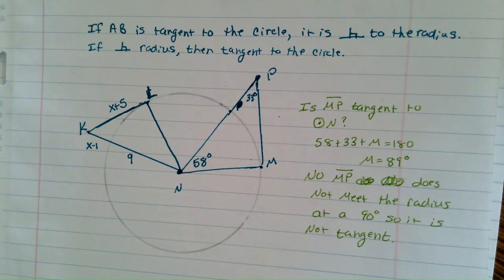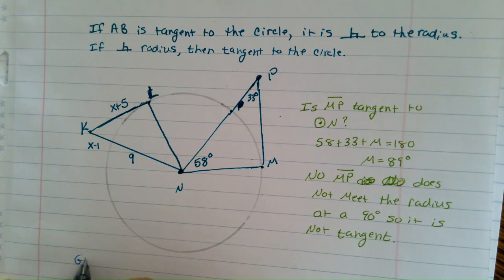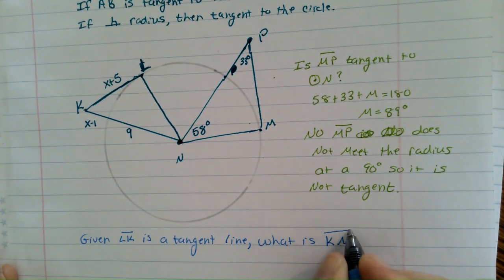Okay, what about if, or given, LK is a tangent line? What is K to N?